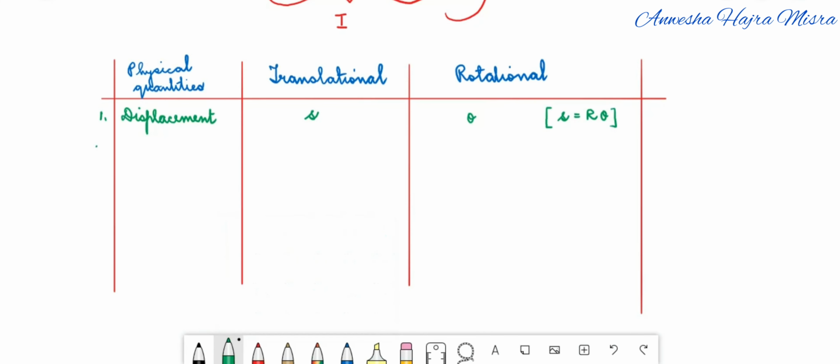Next point we move to velocity. Velocity V was ds dt. Angular velocity omega is d theta dt. And what is the relation between them? V is equal to R into omega.